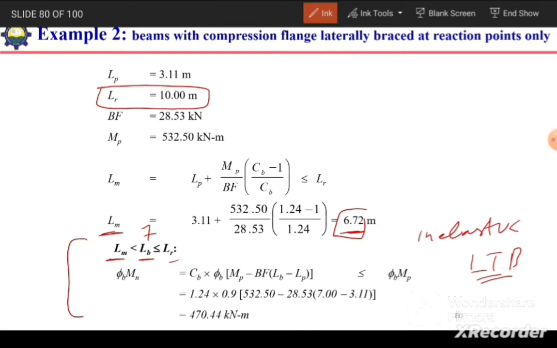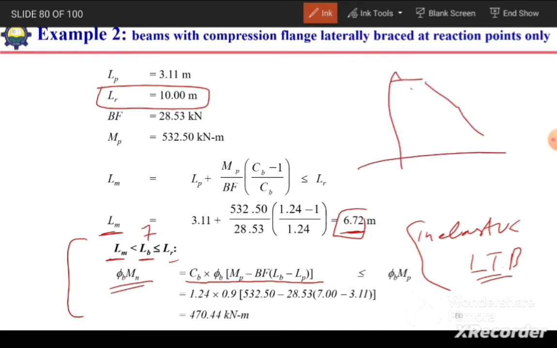If the buckling is inelastic, in that case we can use this expression to calculate the bending moment capacity. So we are in this range, and for this range we can calculate the moment capacity by using this expression.